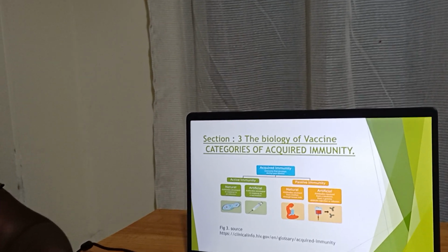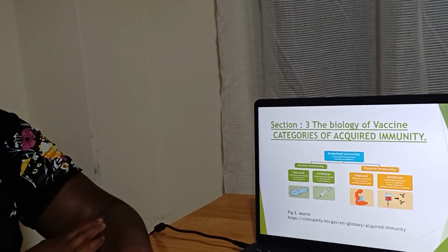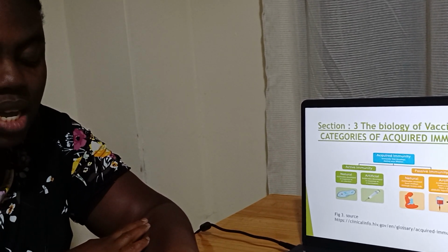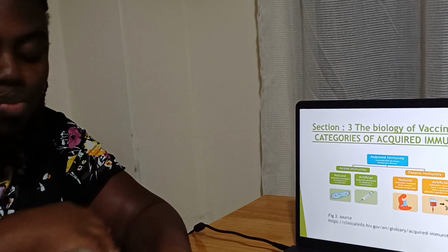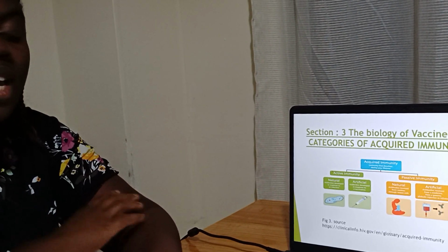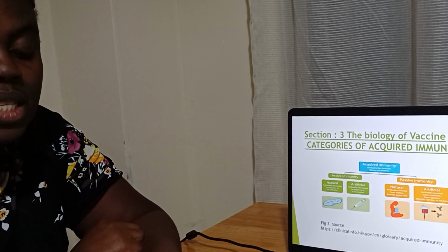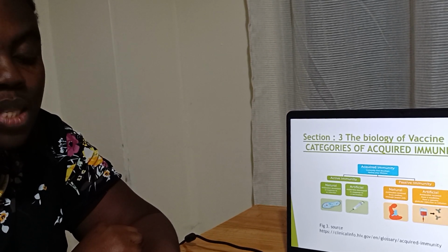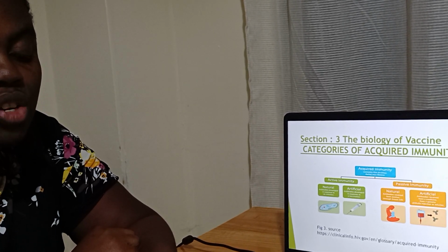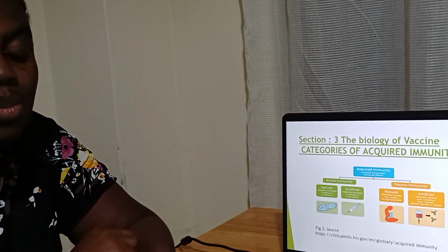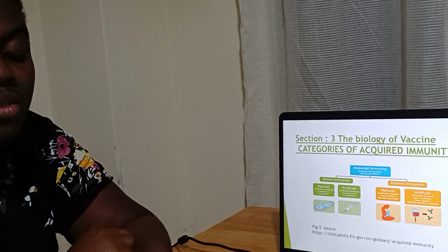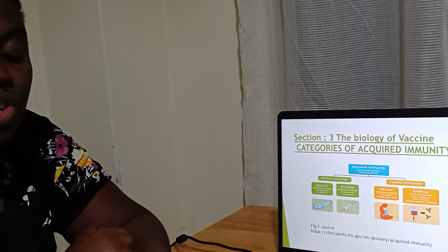The immune system's capacity to respond more swiftly and effectively to pathogens that have been encountered previously is known as immunological memory. Then we have the herd immunity, vaccination programs, and factors affecting vaccine uptake. So herd immunity is indirect protection from infectious disease when a large percentage of the population is immune to an infection due to vaccination or previous infection.